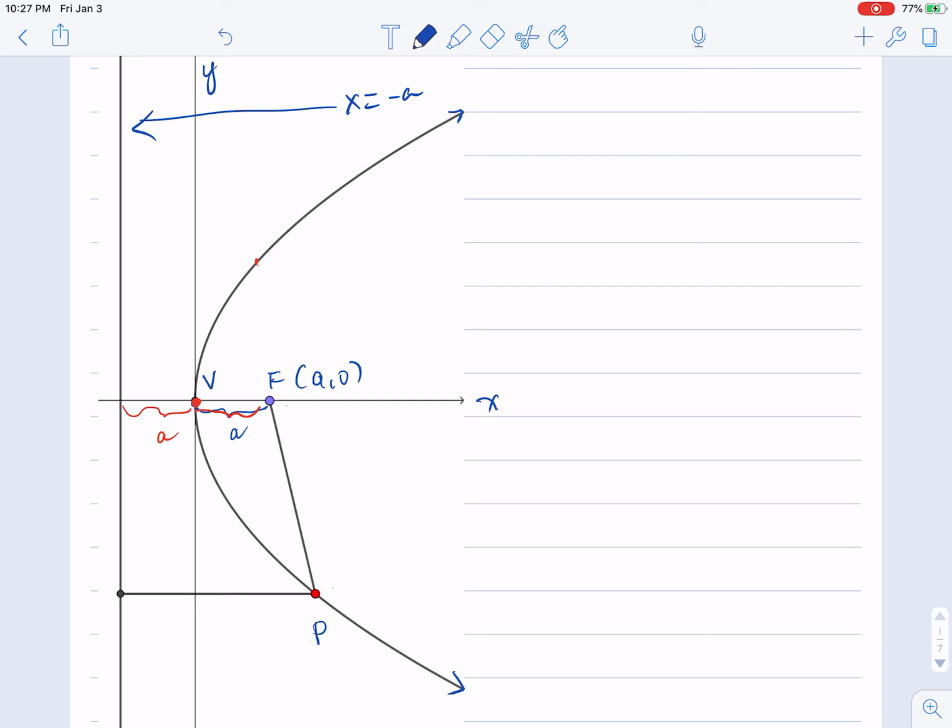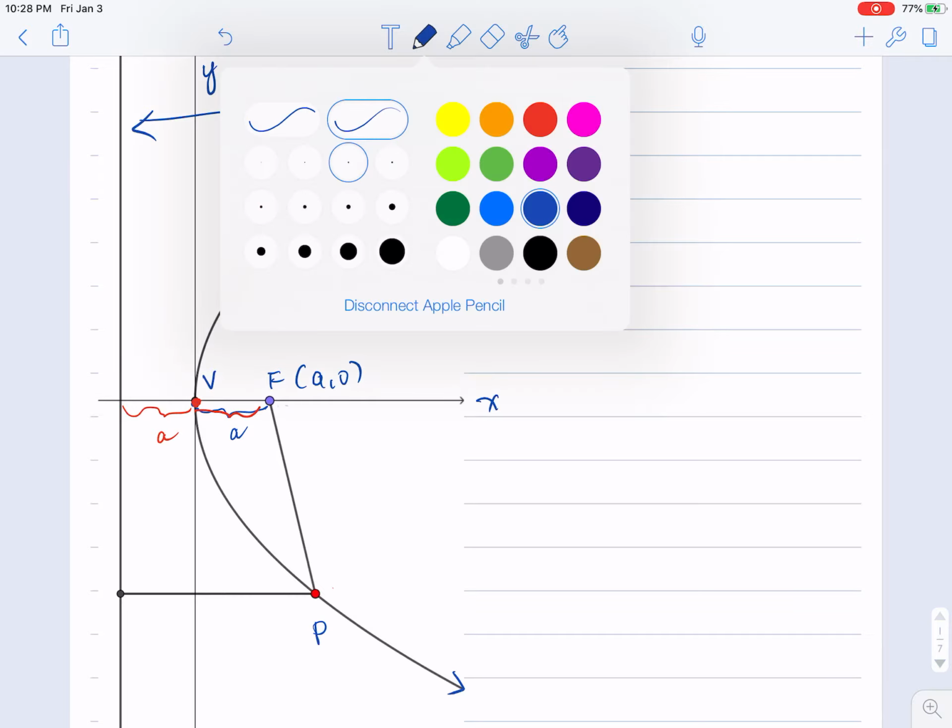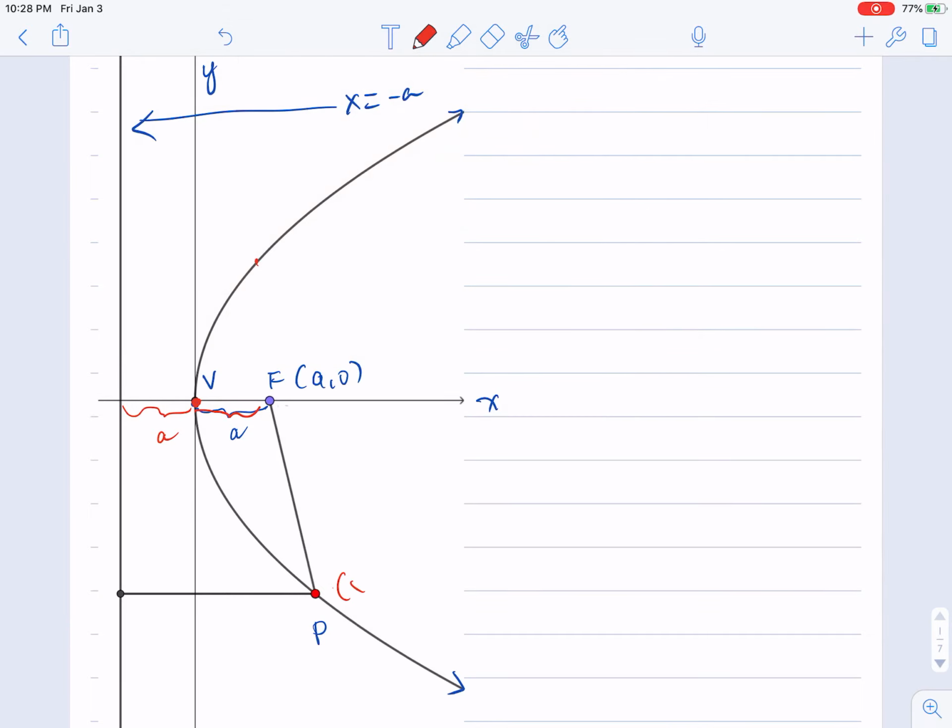Now, ano ibig sabihin nun? So, from here, for example, if we let the coordinates of this point be (x, y), halimbawa. Ano ang distance niya from the focus at ano ang distance niya from the directrix, no? So, alam natin that from here to here ay a din yan, di ba? Parallel yan eh. Tapos from here to here, remember, this is the x-axis, di ba?